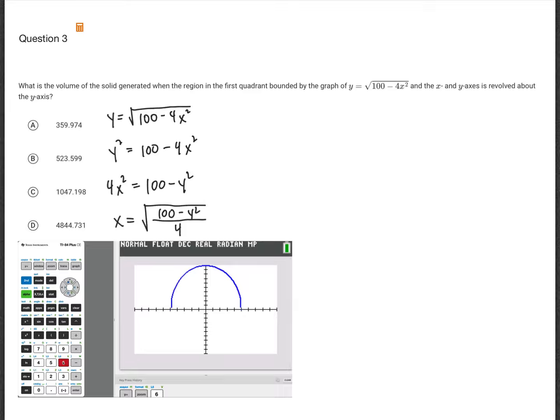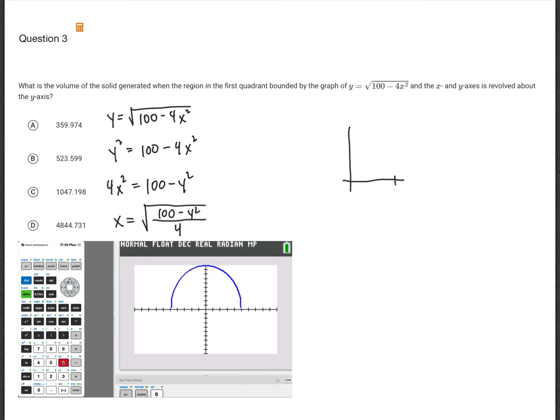Okay, so we can see this goes up to 10. Even when x is 0, if you plug in 0 for x, this simplifies to be 10. So we know this goes from 0 to 10.